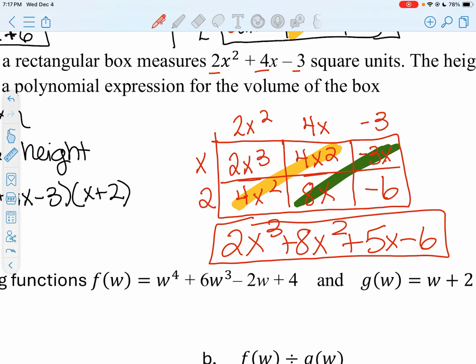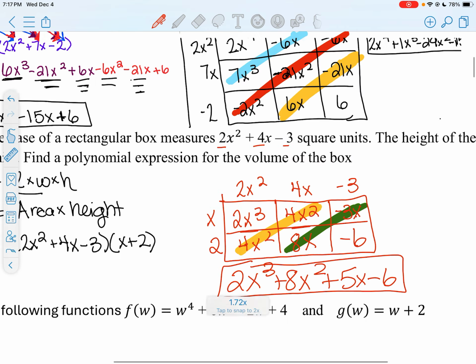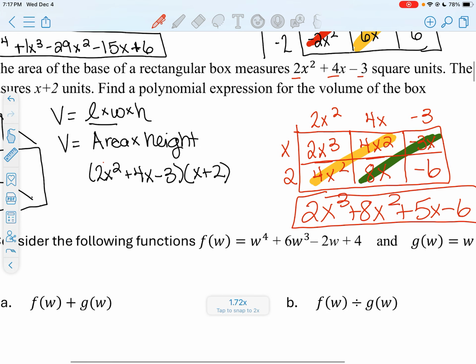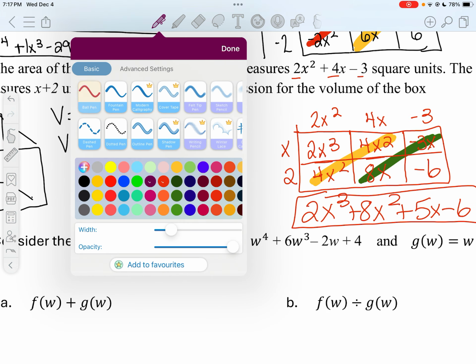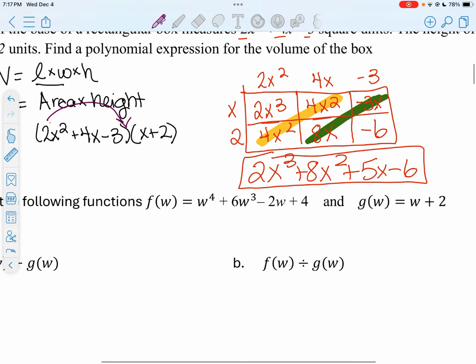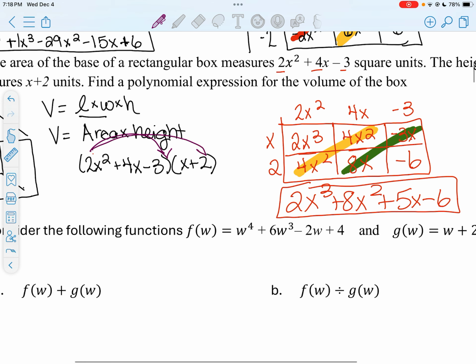So you don't have to use the box method to multiply. You can just simply distribute each term. But once again, I'm just providing additional methods. So multiply 2x squared by x, that is 2x cubed. 2x squared times 2, that's a 4x squared.